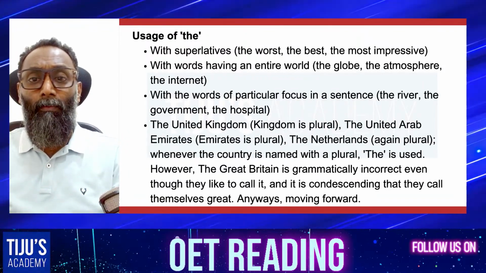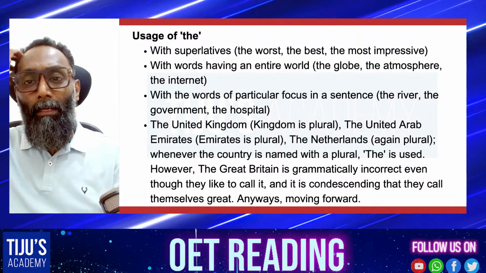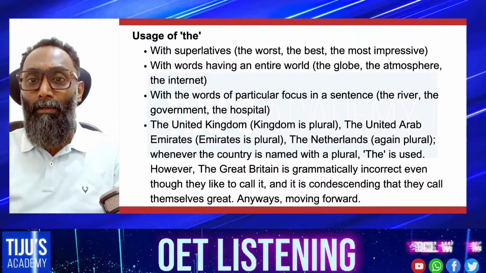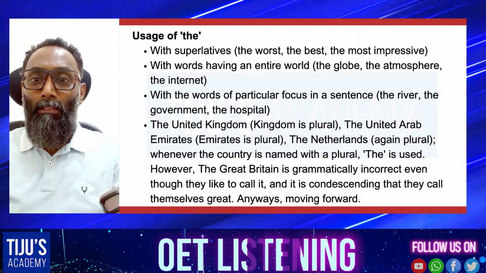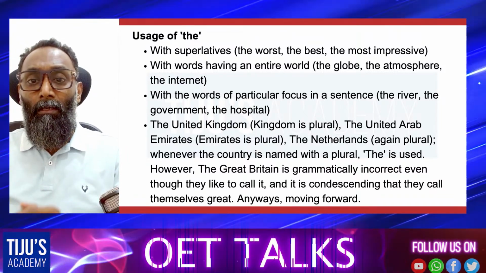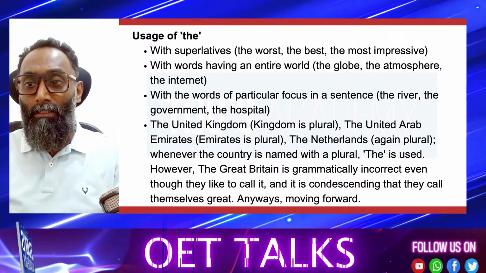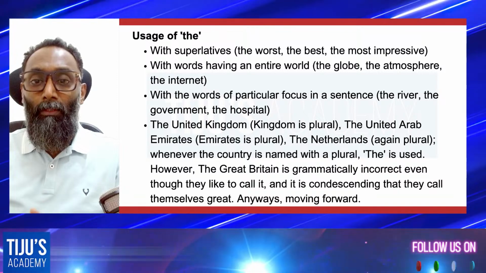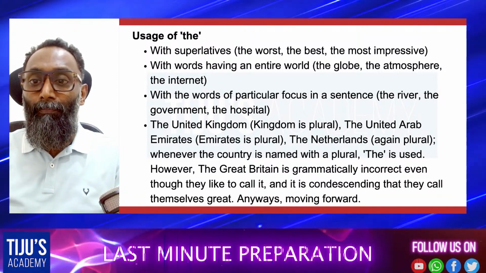Next, let's look at the usage of the. A, an, and the. The is used with superlatives: the worst, the best, the most impressive. With words denoting an entire world: the globe, the atmosphere, the internet. With words of particular focus in a sentence: the river, the government, the hospital, the United Kingdom. Kingdom is plural.